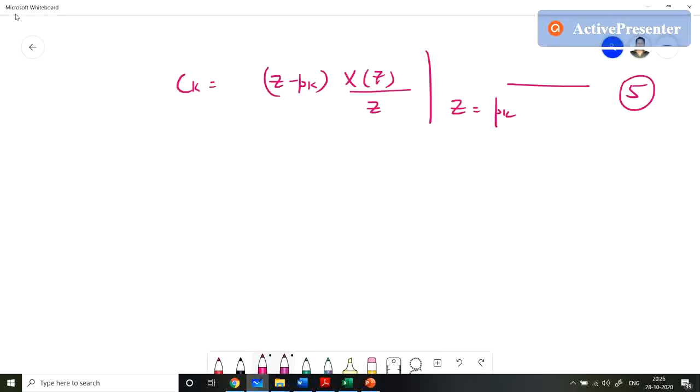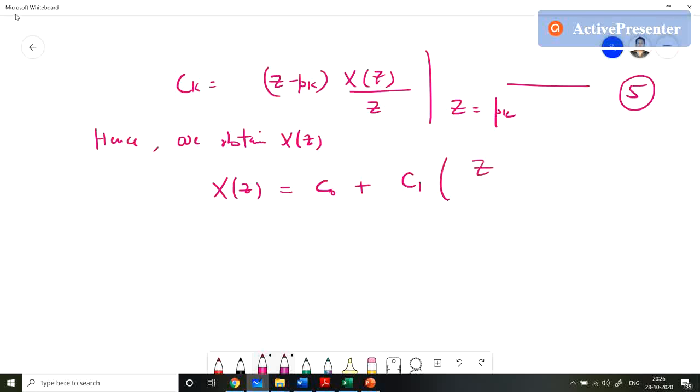Now we can obtain X(z) as: X(z) equals c0 plus c1 z divided by (z minus p1) plus and so on, plus cn z divided by (z minus pn).